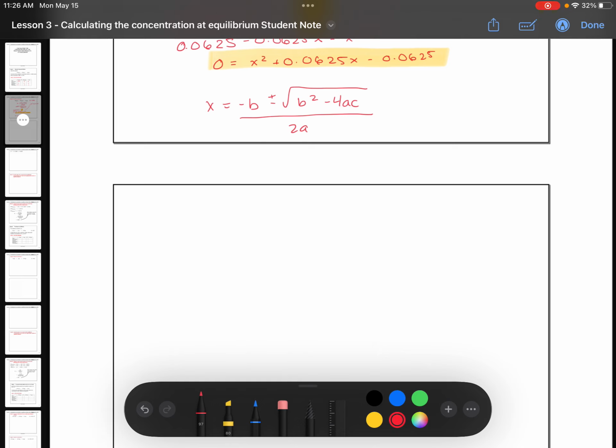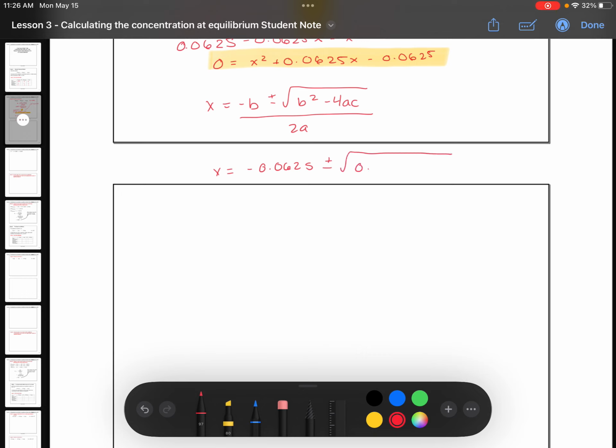That's something that should be easy to remember because you've used it in math, but you must memorize that equation, okay? So given our information that we found and put into our quadratic equation, we can put that into our quadratic formula, and we are going to keep out any x, whether it's in a, b, or c.